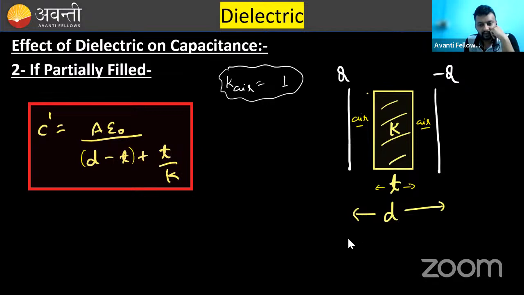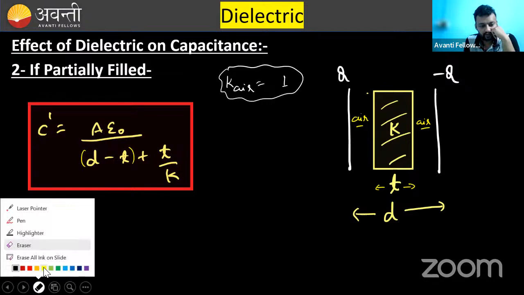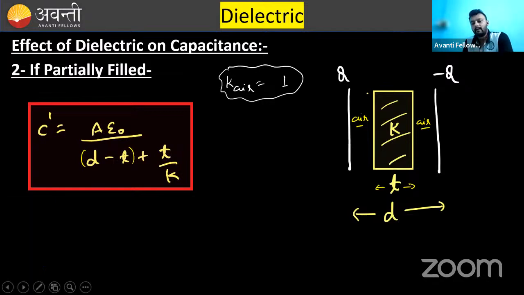Now, the important thing that I want to explain here may be of a somewhat difficult level. This is some dielectric of dielectric constant K, and this outside area has dielectric constant 1. Clear? The air has a dielectric constant 1.